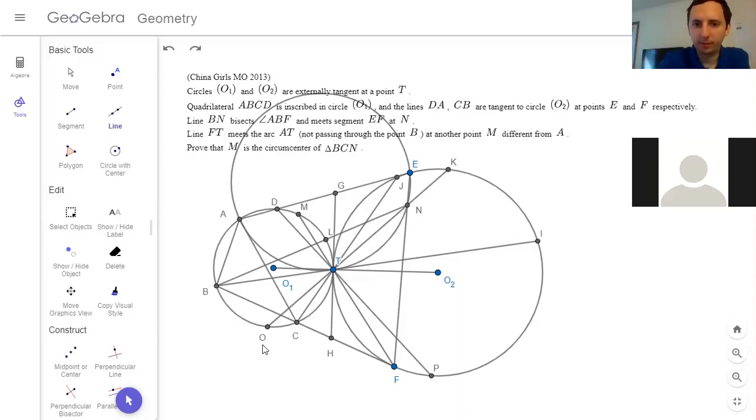So arc AT plus arc TO is arc AO. So angle ATN is equal to arc AO. But we would have to show that's the same as, so we need to show arc AO is the same as arc AN, right?